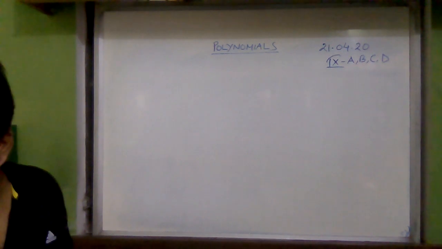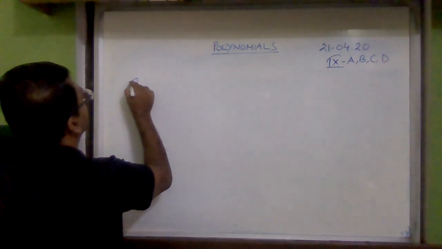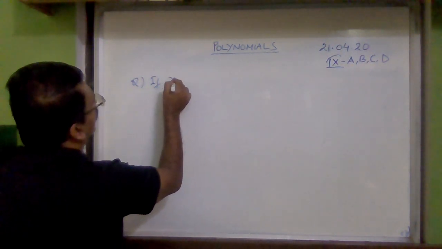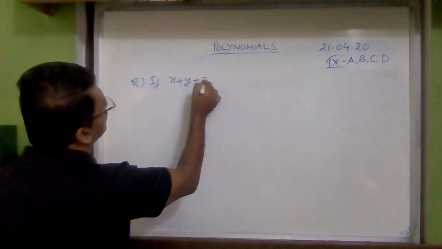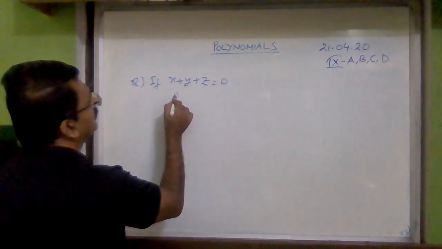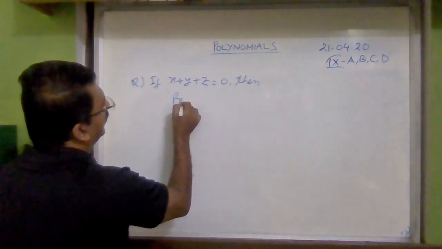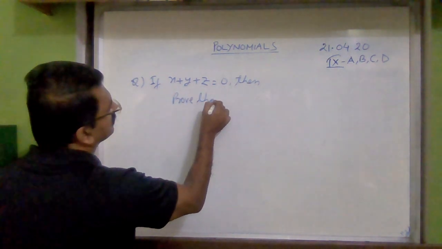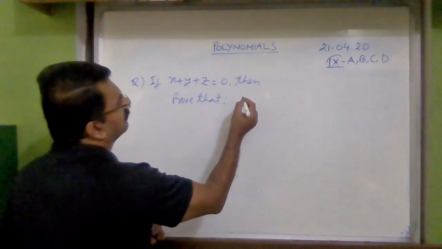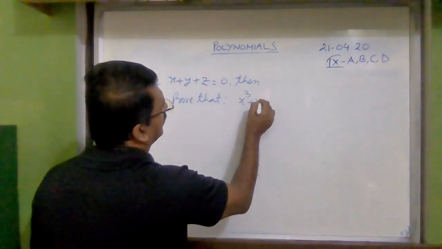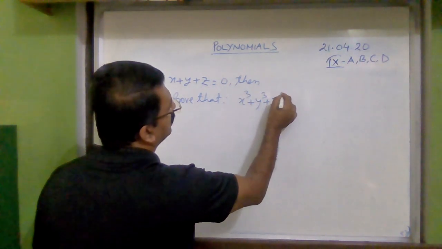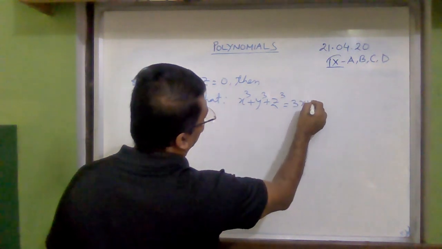And that is, if x plus y plus z is equal to 0, then prove that x cube plus y cube plus z cube is equal to 3xyz.